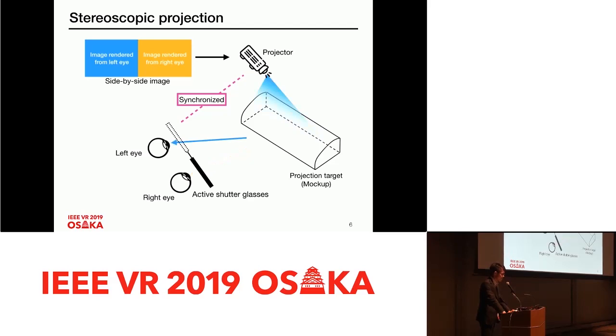The projector temporally sequentially projects two images onto the mockup, and each projected image is conveyed to a different eye using the active shutter glasses that are synchronized with the projector. We hypothesized that stereoscopic projection would be more effective at inducing perceptual deformations because it utilizes an additional psychological depth cue, which is binocular disparity.